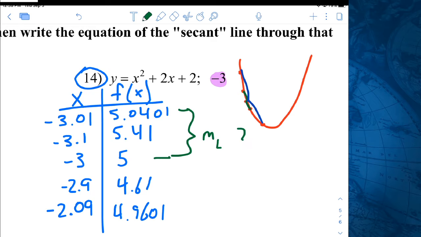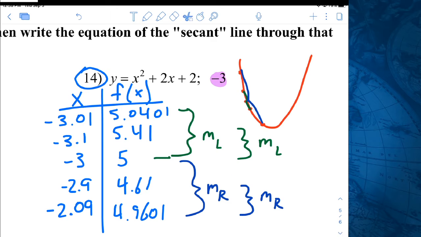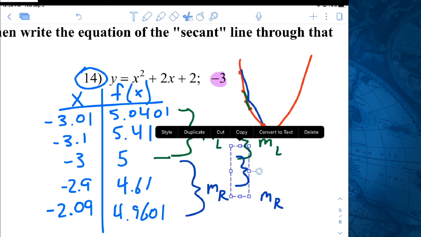And then you'll do the same thing there. Find the slope between those 2 points. And then find the slope for the right-hand side between these sets of points. That would be between the center and second value there.